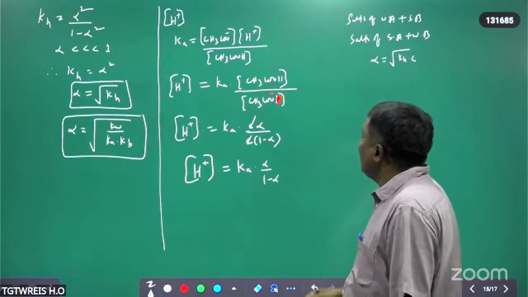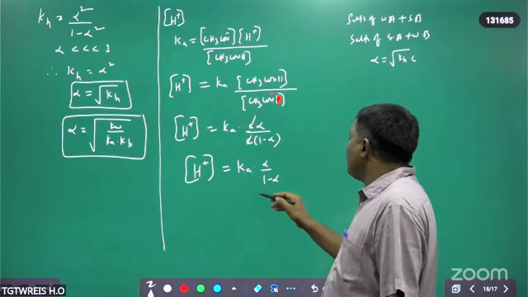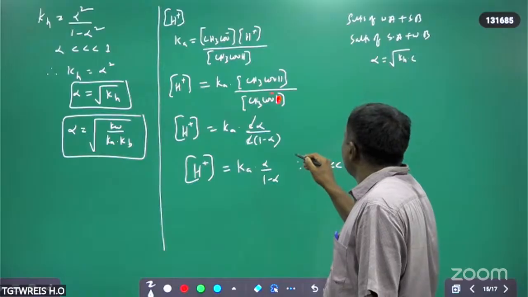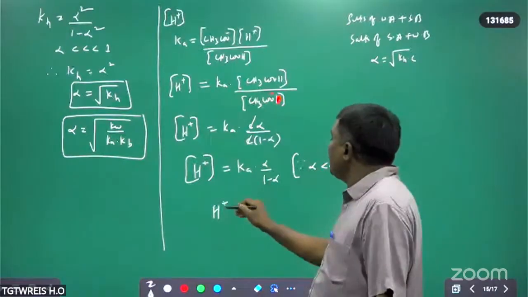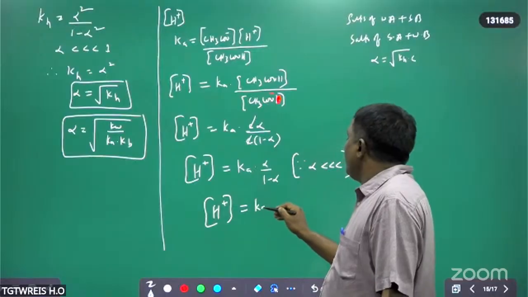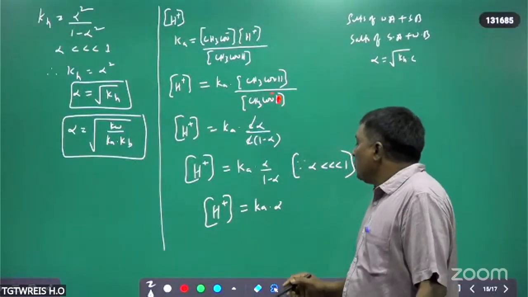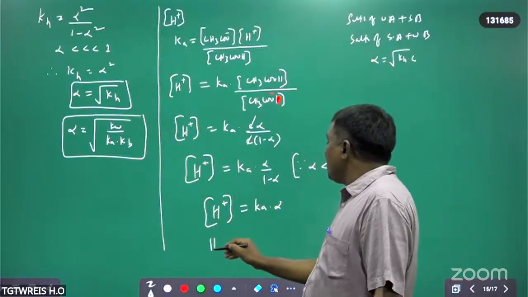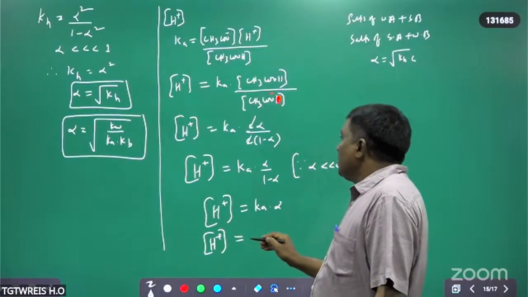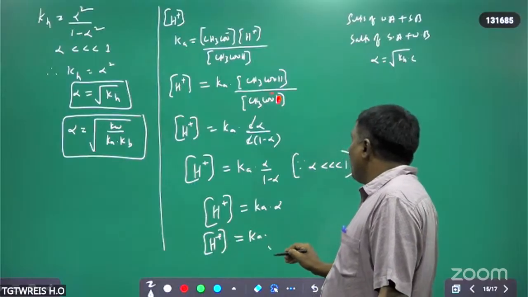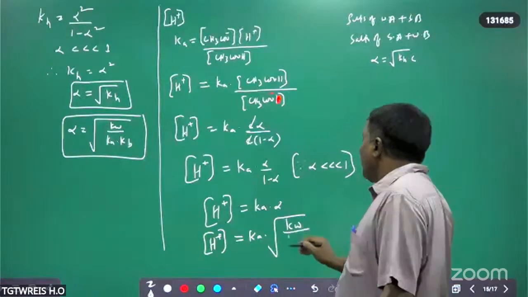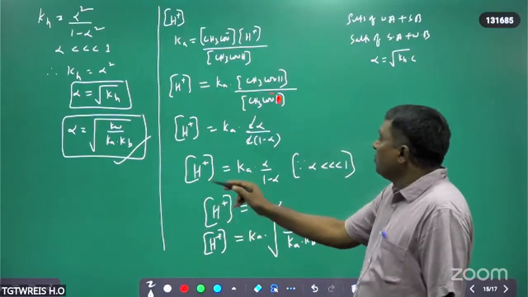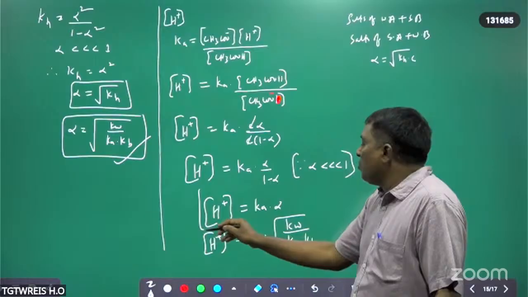Actually alpha is very small, so 1 minus alpha is approximately 1. Therefore, H plus ion concentration is equal to Ka into alpha.